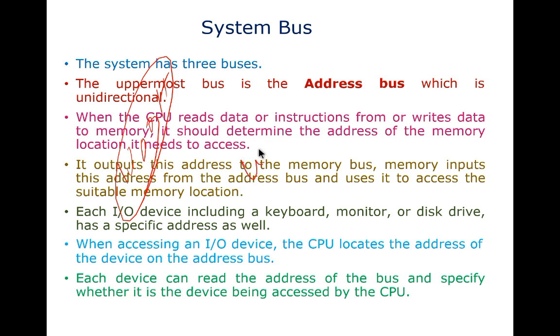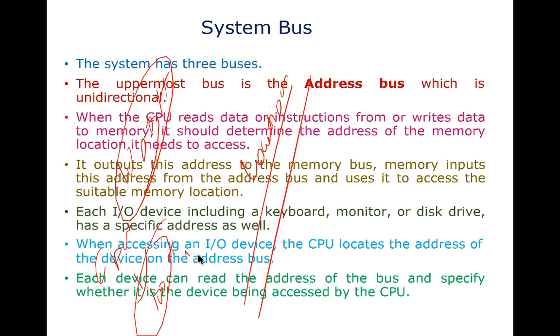The flow is: address 1000H is placed by the CPU, it moves over the address bus to specify the location. So the address bus tells us where the operation should happen.